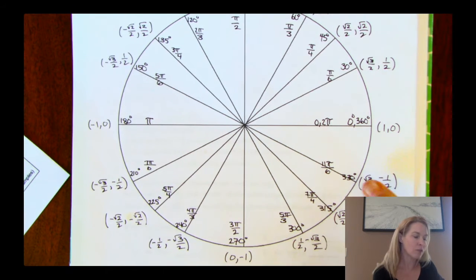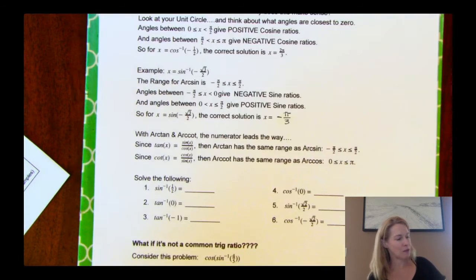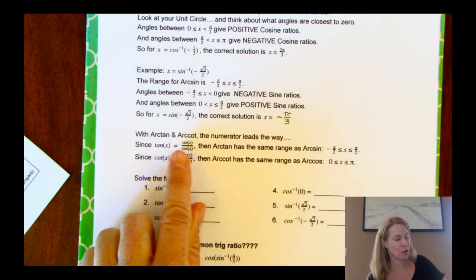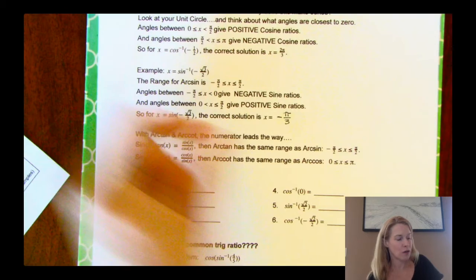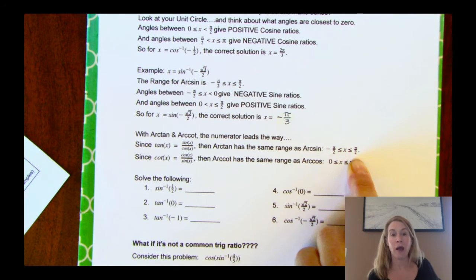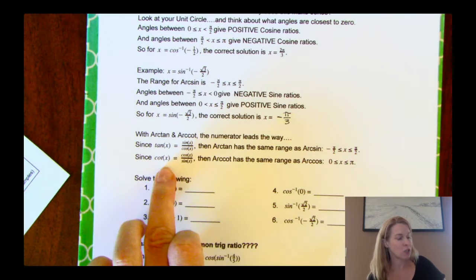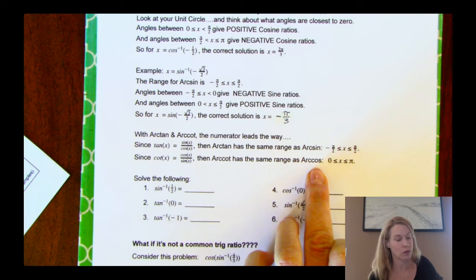That's -pi/3, so -pi/3 is my solution here. And for tangent, sine over cosine, arctangent has the same range as arcsine, from -pi/2 to +pi/2. Cotangent is cosine over sine, so arccotangent has the same range as arccosine, 0 to pi.